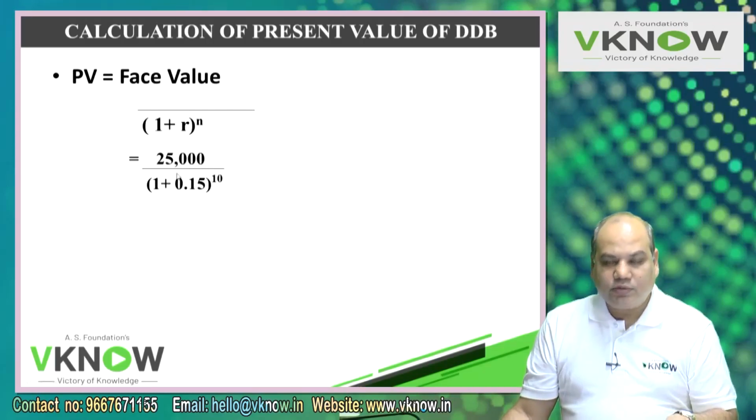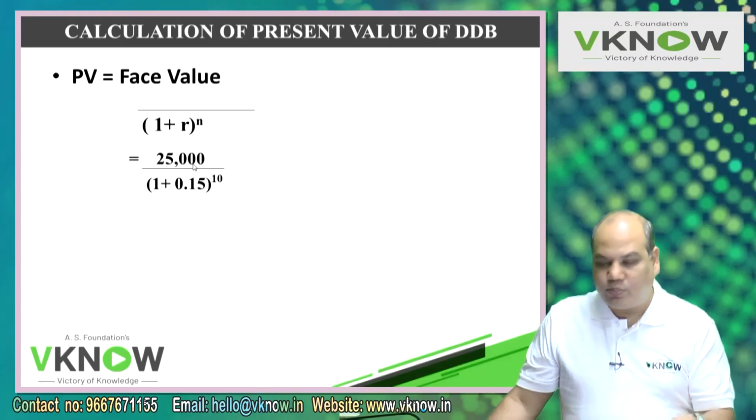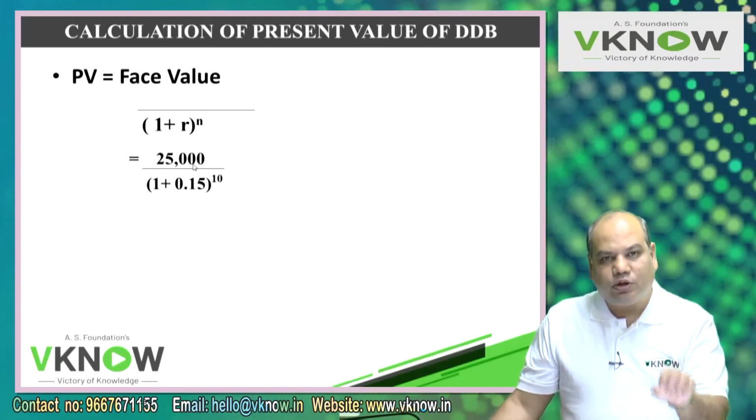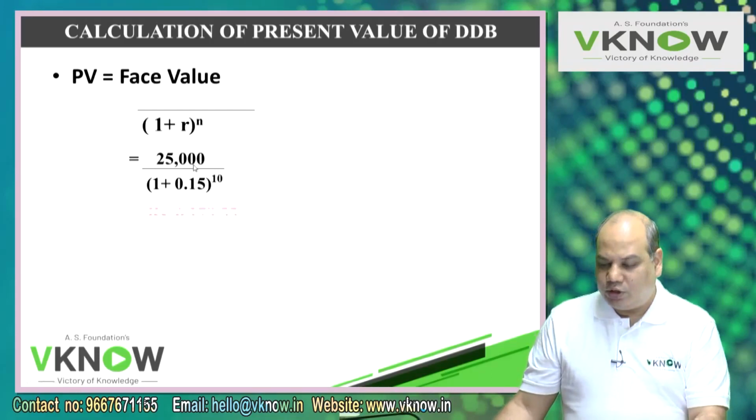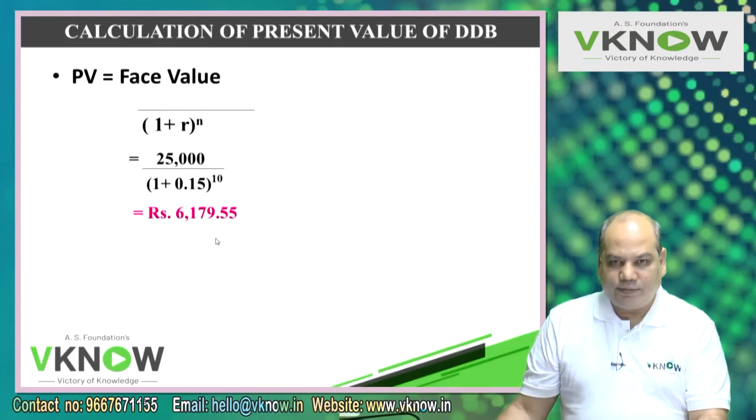So solve this. Type 25,000 on the calculator, divide by 1.15, press equal to 10 times, and you will get this answer, 6179.55. That's it. This answer is over.